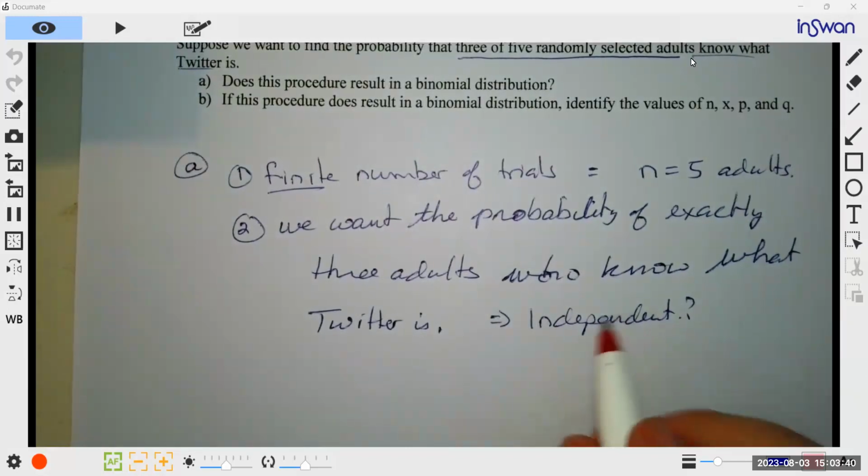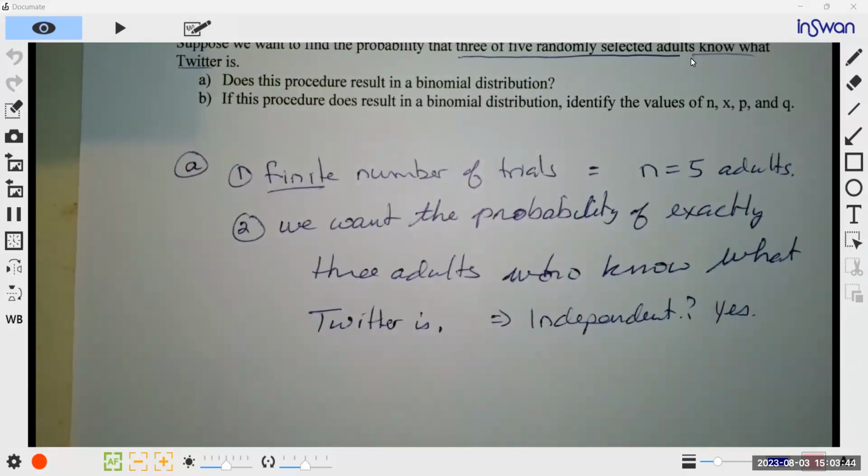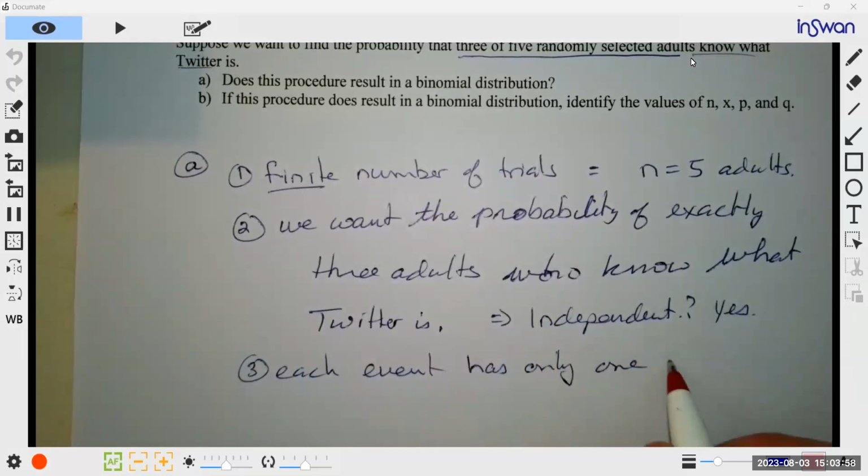So yes, there's no influence here whatsoever. Each event has only one of 2 possible outcomes.